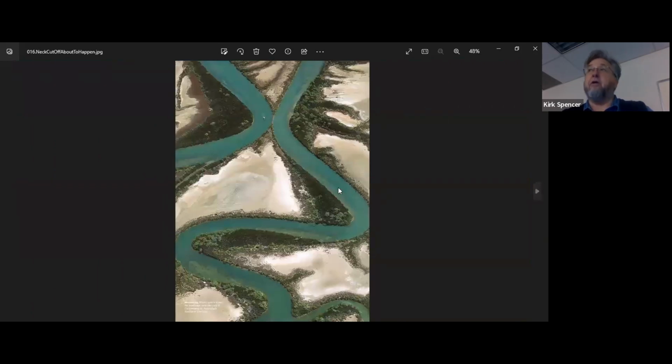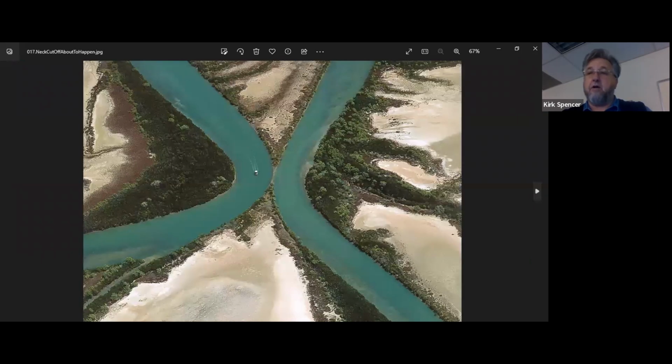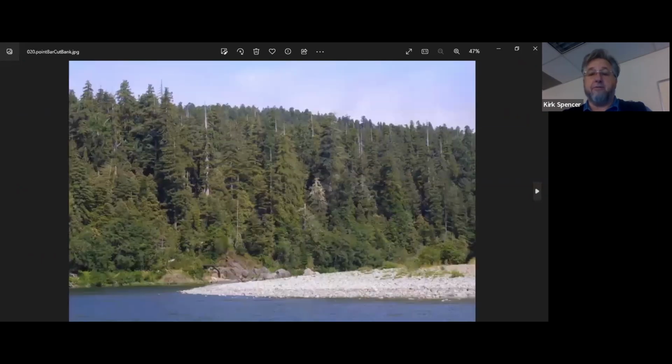This is a photograph showing a neck cutoff about to occur. Extremely narrow connection between those two channels. All right, I'll show you some of these terms on the ground. See the river coming around the bend? So what would you call this?